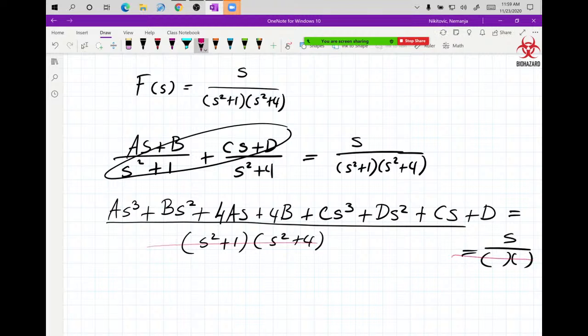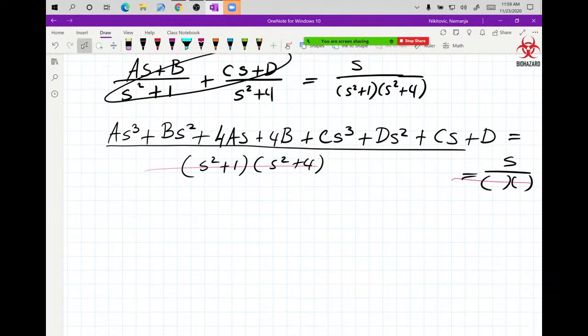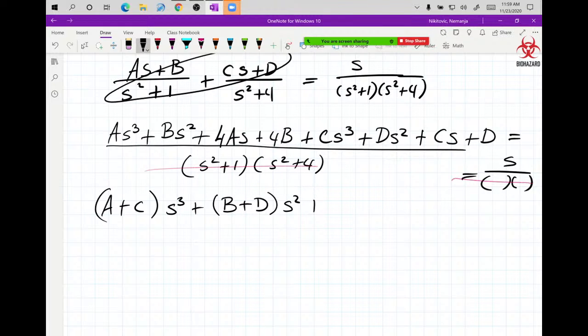Now the parentheses will cancel, and you have to factor your cubes, factor your squares, factor singles, right? So you have your a plus c s cubed plus b plus d s squared plus 4a plus c times s plus 4b plus d, everything equal to just s.